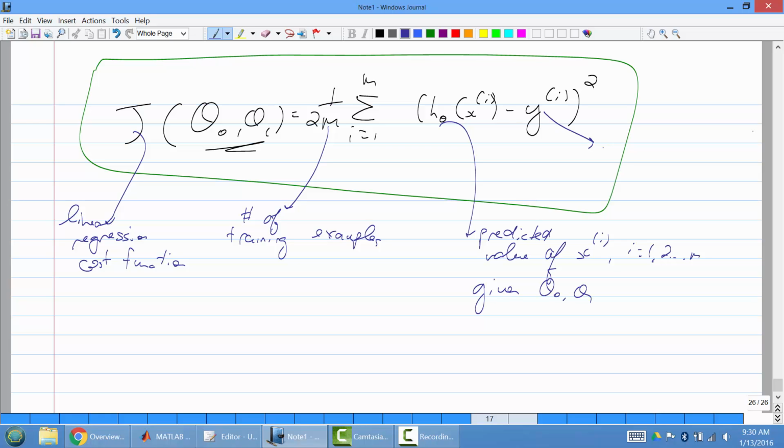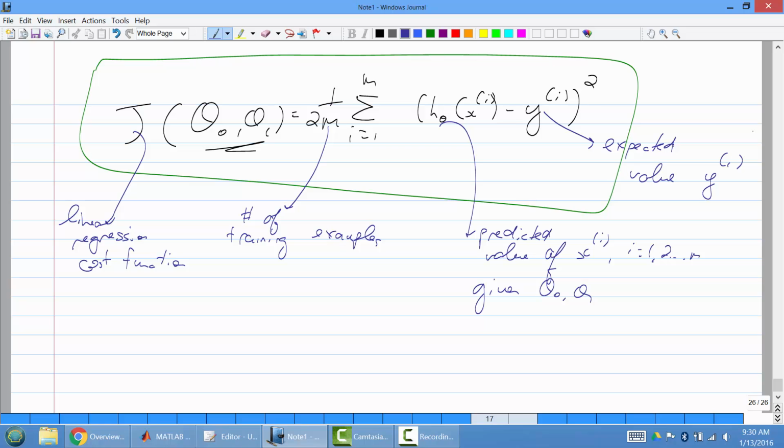And this is the expected value, yi. What you're doing is what's called the mean squared error. You take the difference between the predicted and the expected, square them, add every one of them up, and then multiply by 1 over m, and then you scale by 2.